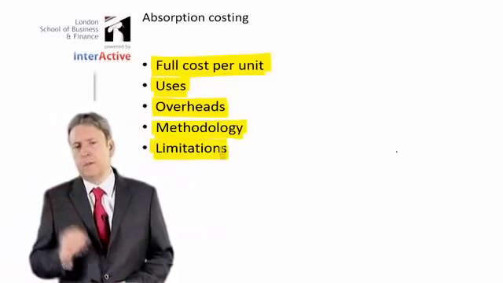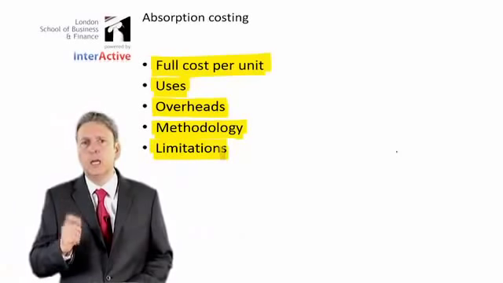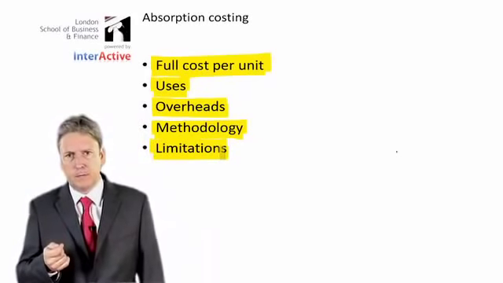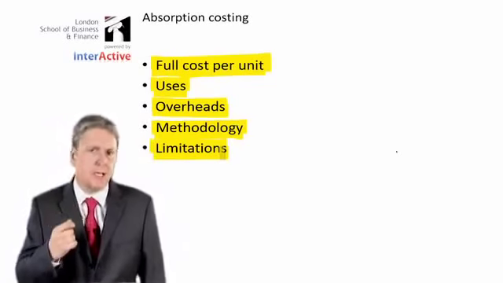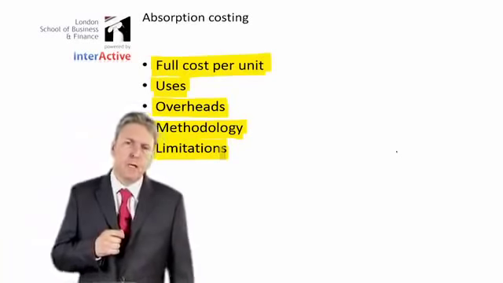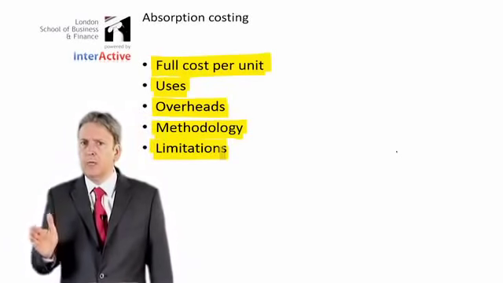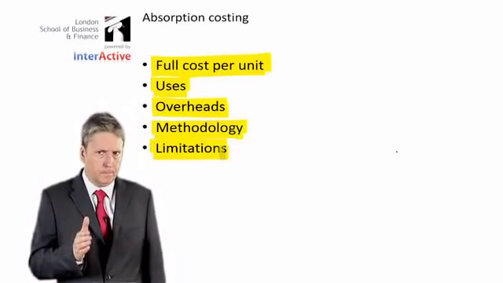Now, I must emphasize that I am focusing on looking at absorption costing here solely from the perspective of F5. That means I will not be going into any of the detail in absorption costing that you may have seen in previous studies, but is not relevant to an exam question in F5.